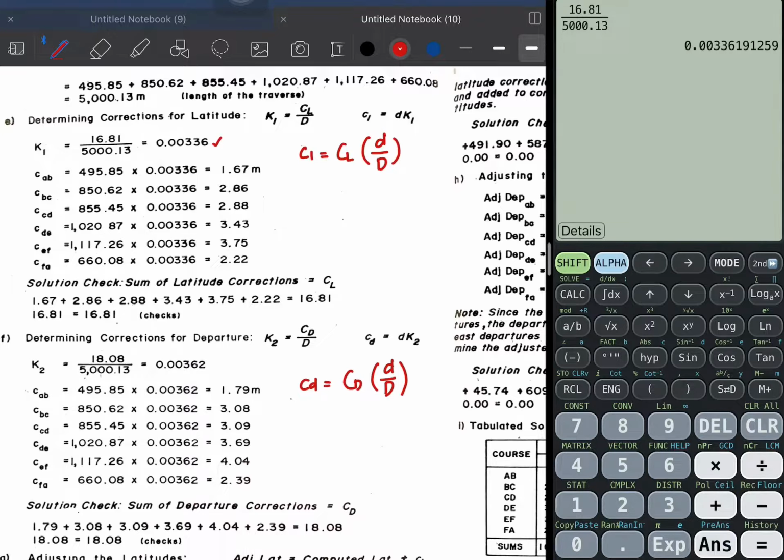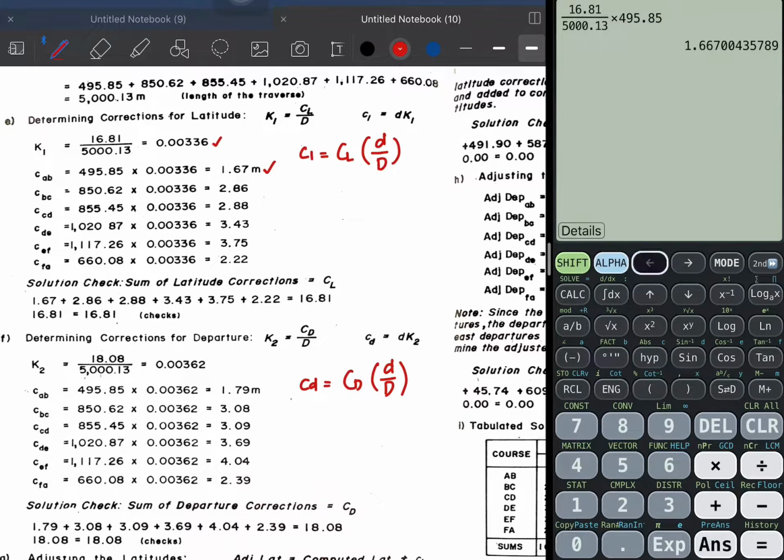So we'll compare these calculations with our answers using this formula. Let's have 16.81 over 5000.13 multiplied by 495.85. So that is 1.67.